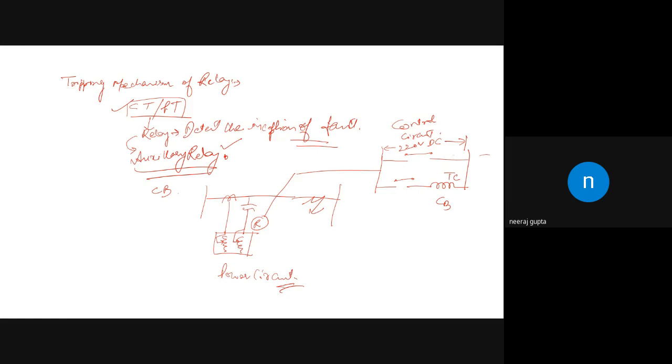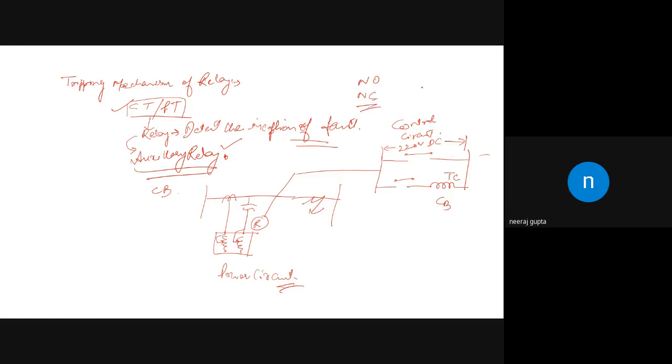Now, the information from the relay should be given to the auxiliary relay. There are two types of contacts available in the relay: normally open contacts and normally closed contacts.